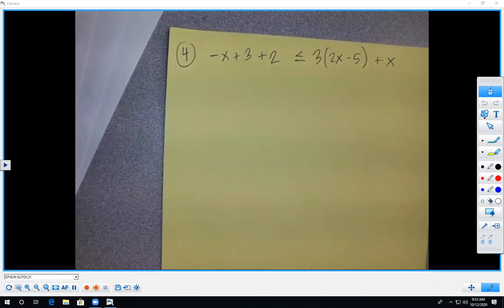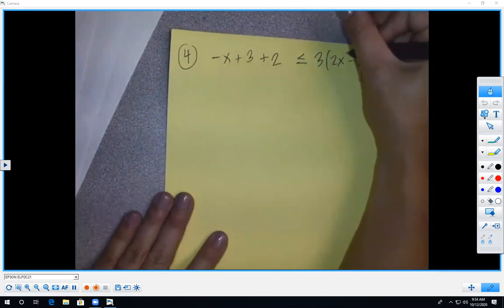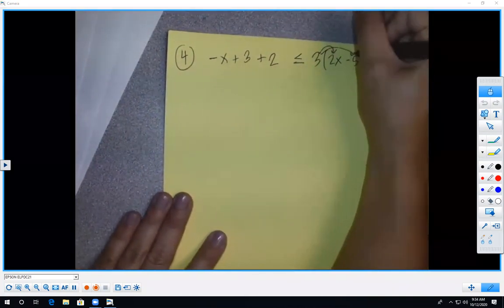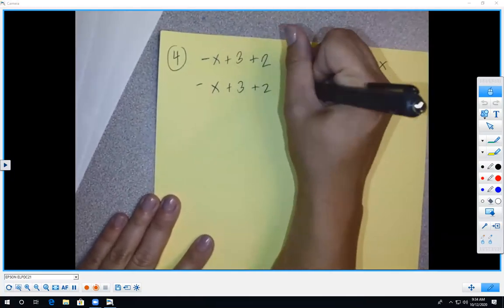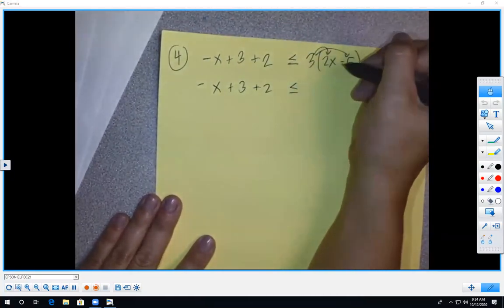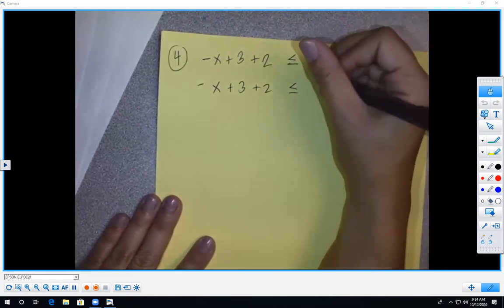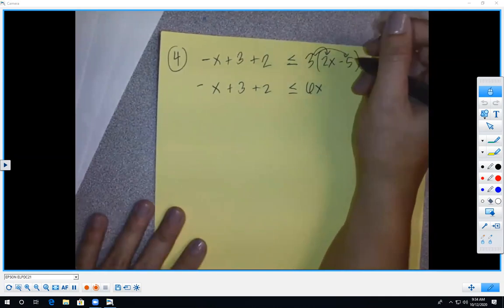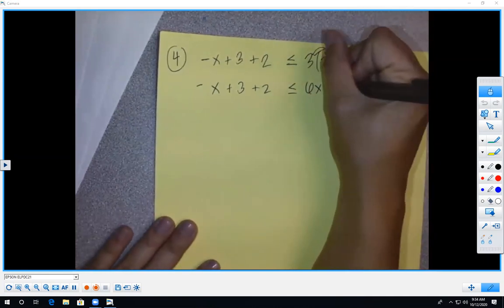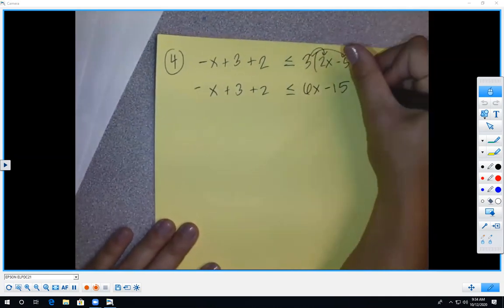Okay, first thing I'm going to do is distribute that 3 into the parentheses. So I'm just going to rewrite it as -x + 3 + 2 is less than or equal to 3 times 2x is 6x, 3 times -5 is -15, and then plus x.